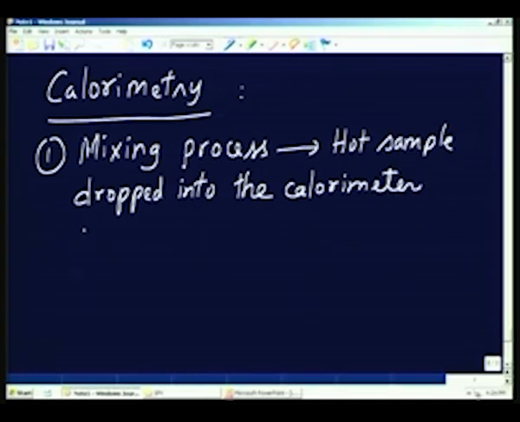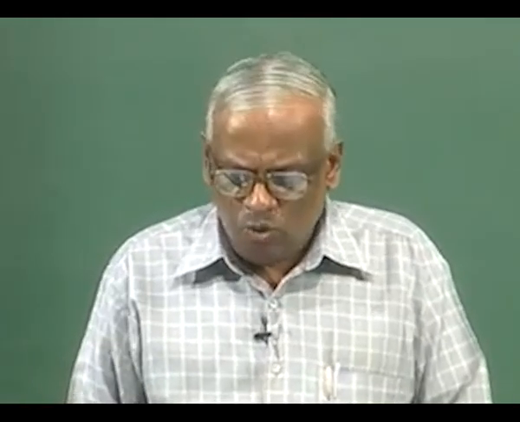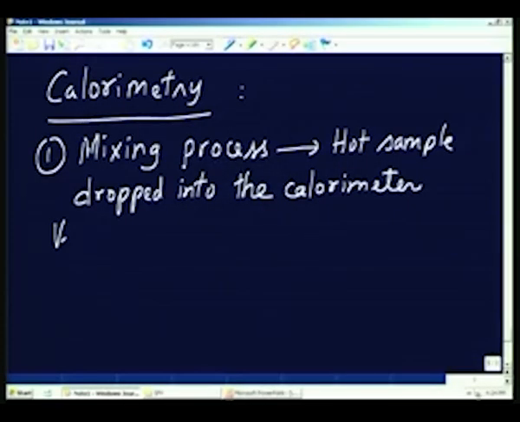The temperature of the mass which is dropped is higher than the temperature of the medium, either oil or water, taken inside the calorimeter, and therefore the temperature of the water will increase. We are talking about a very small temperature increase. How do we guarantee this?